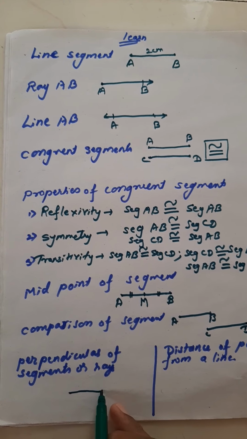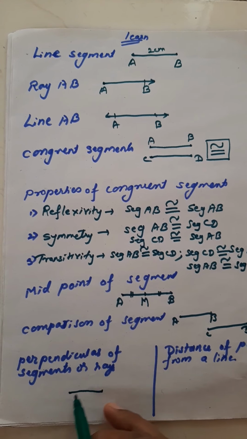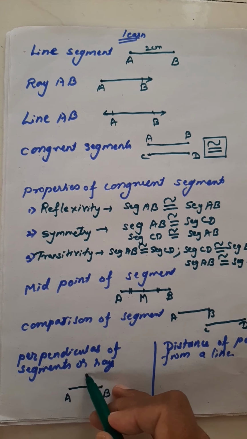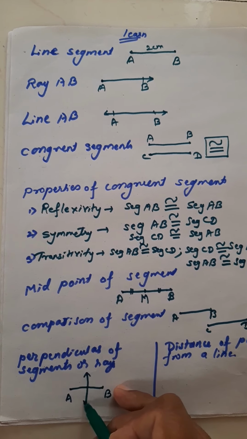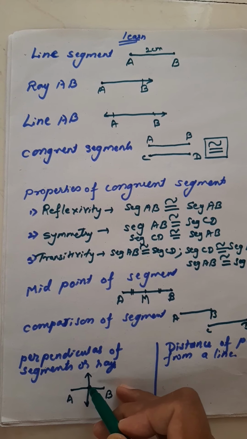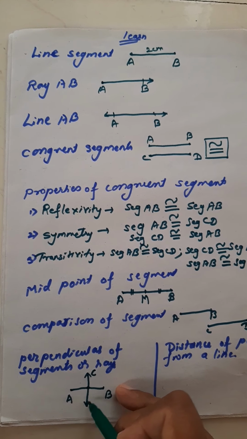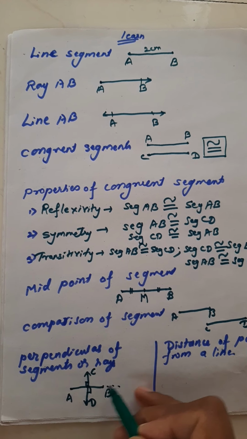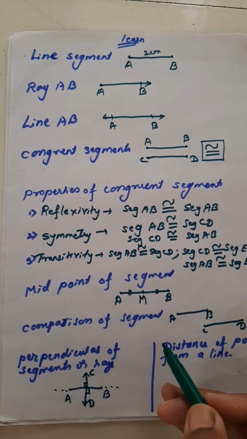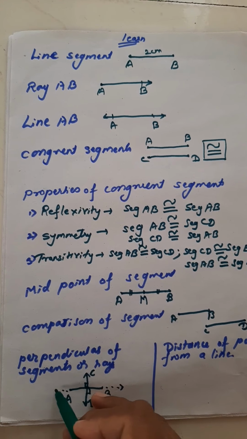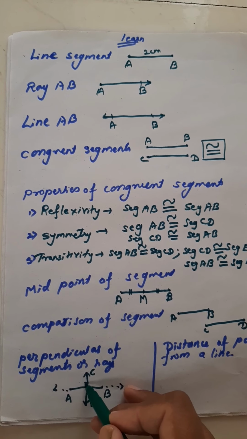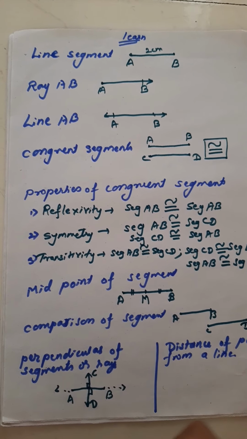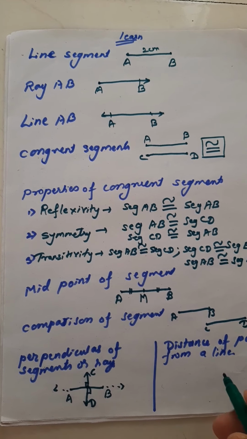If we draw here a segment, I will name it segment AB, and this is a line, or from this point we will consider here a ray. It is 90 degree, 90 degree. It will extend here, not extend here. Okay, this is in this way. The perpendicular means what? A 90 degree angle created with segment and ray. This is called perpendicularity of the segments or the ray.